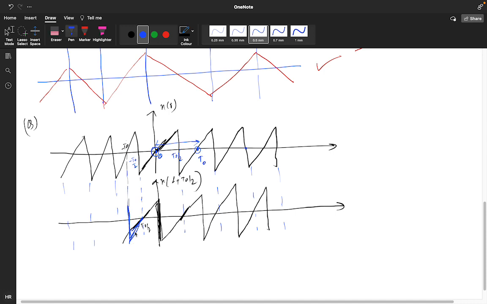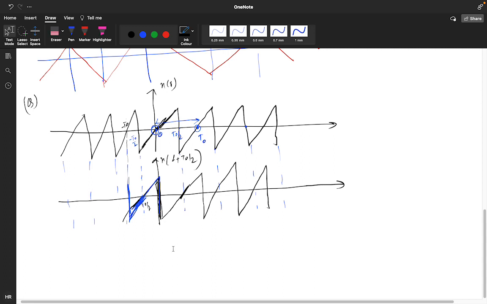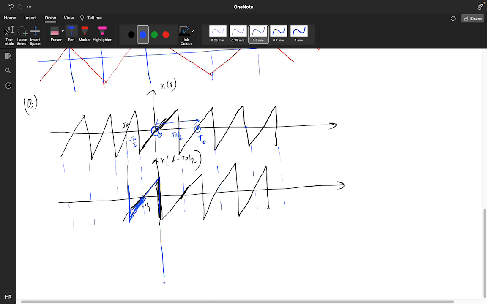So here you are getting the straight line. Now you need to flip this. If you will flip this, what kind of a graph you will get?